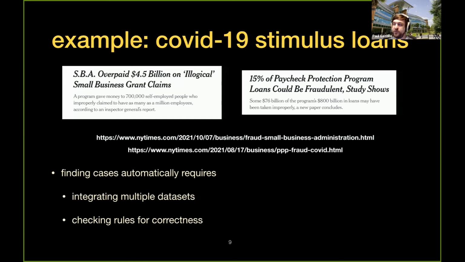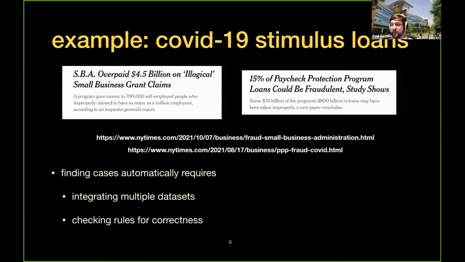And so in order to find such cases automatically, not only do we have to mechanize the process, but the data is in multiple data sets. So if we want to check whether a company asking for a payroll protection loan actually had payroll, we first need to see whether it was incorporated, at least before a couple weeks ago.